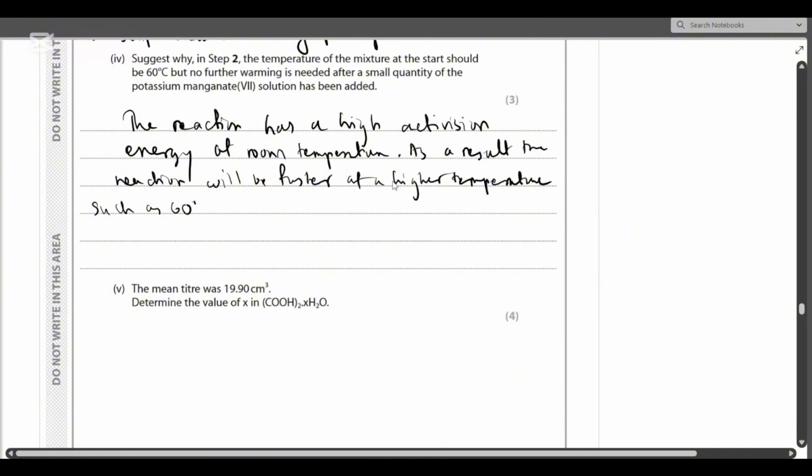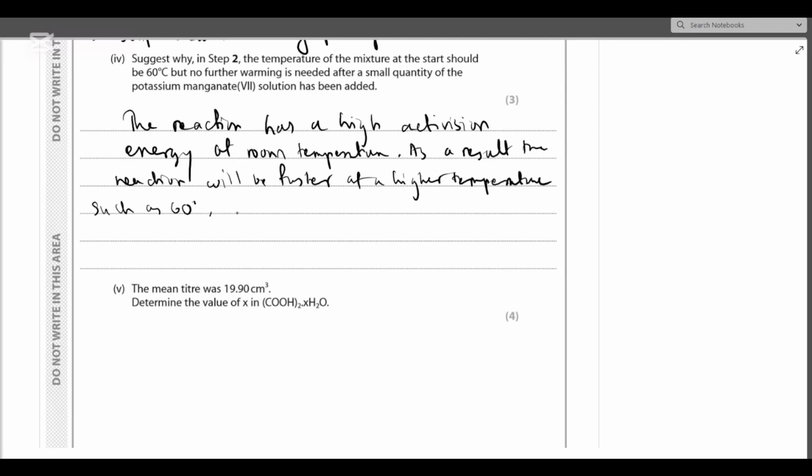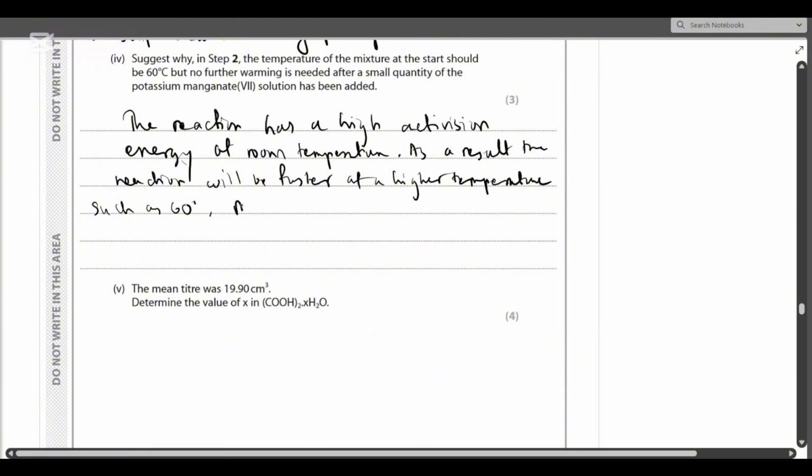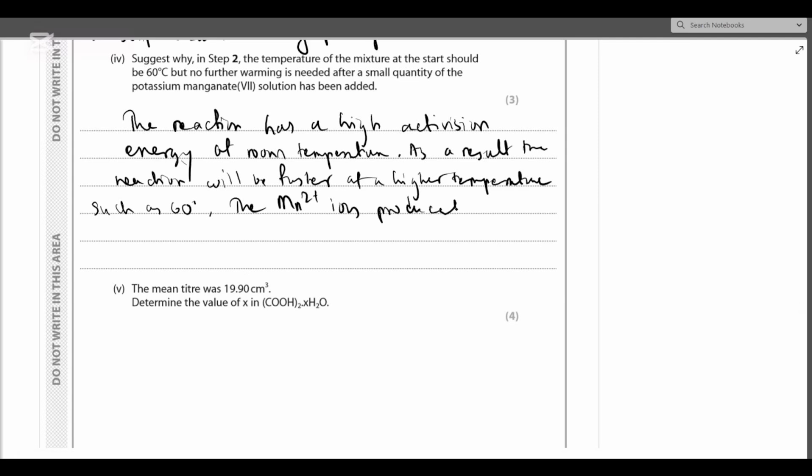So we can write it down that the Mn2+ ions produced in the titration reaction act as a catalyst as the reaction progresses.